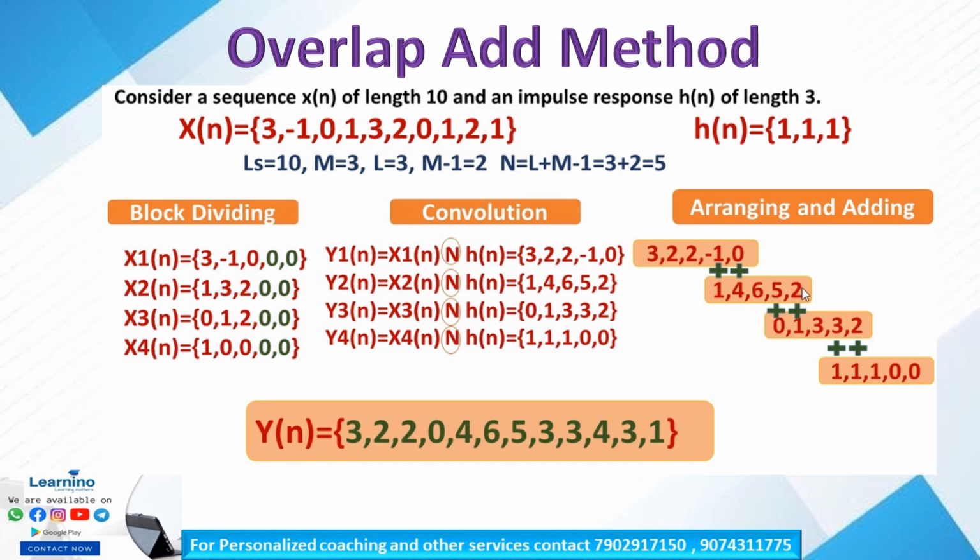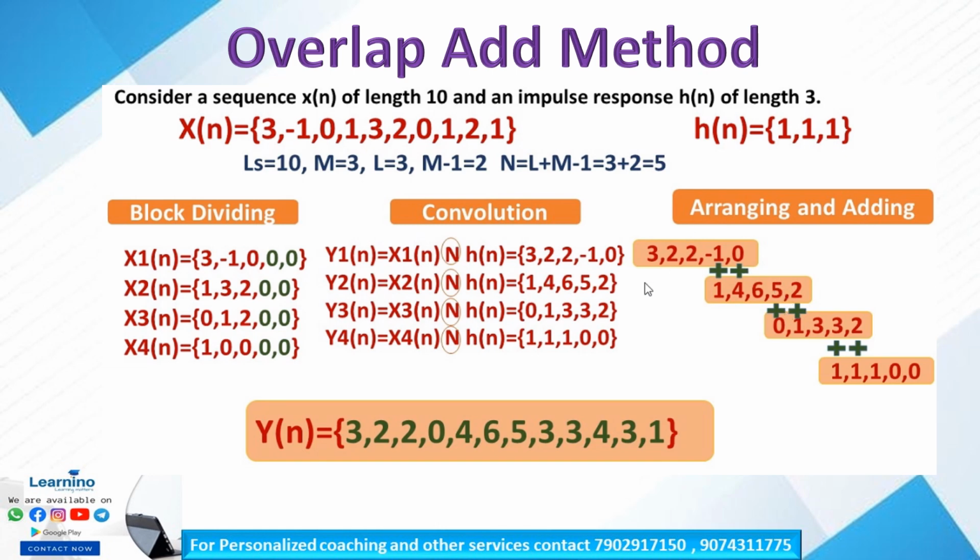Again, the last 2 points from the second and the first 2 points from the third one. And we add the last 2 data points of the third result and the first 2 data points of the fourth result, and we continue till it ends. So here we have 4 results, and this is the way in which we have to add and arrange the convoluted results.